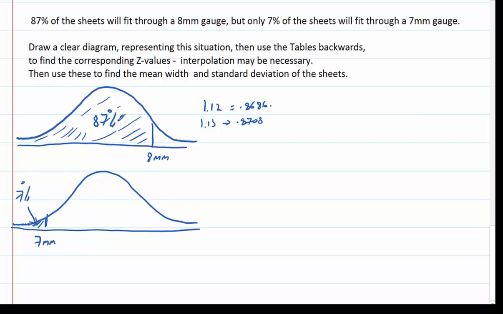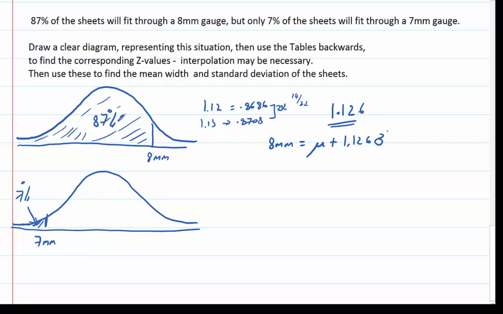This is a gap of 22, and I need to go 14/22 of the way through, which is just a bit less than 2/3. So the Z value really is 1.126. Clearly this is above the mean, so 8 millimeters represents the mean plus 1.126 standard deviations.